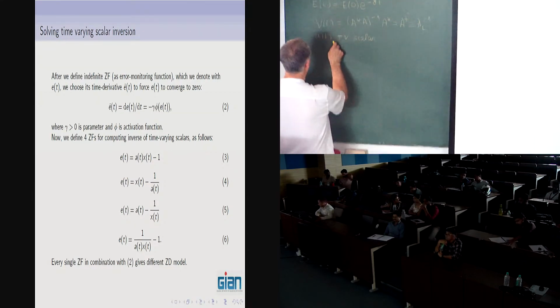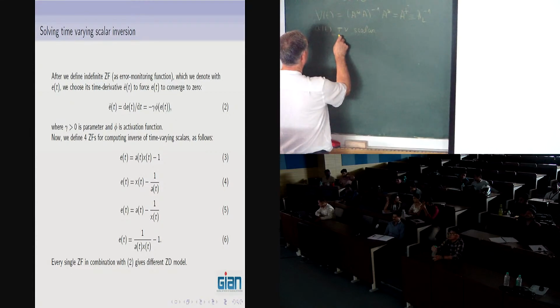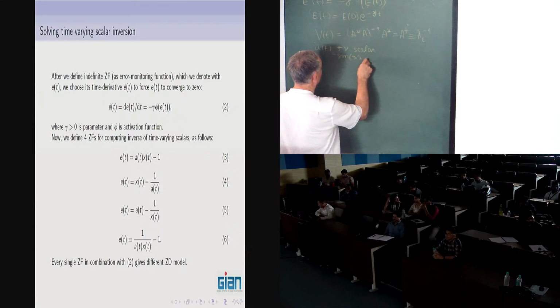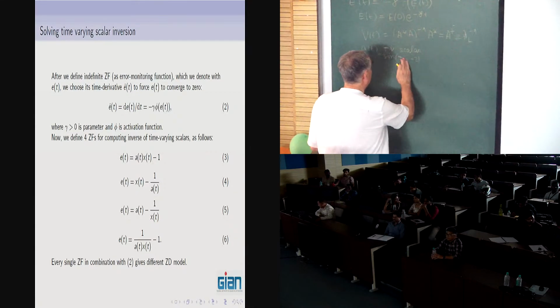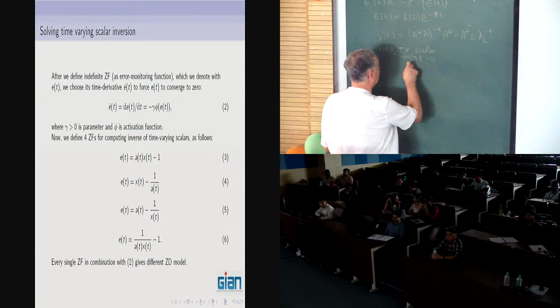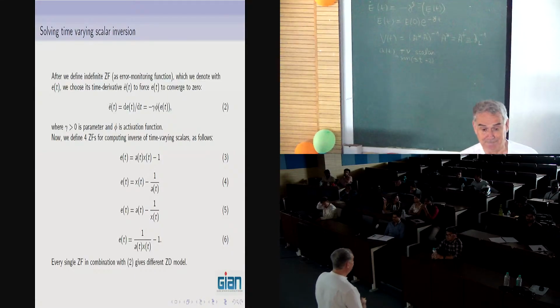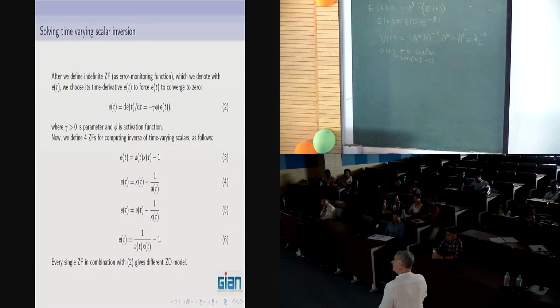For example, A of t can be sine of 3t plus 2, sorry, 3t, we consider here dependence on time, and so on.